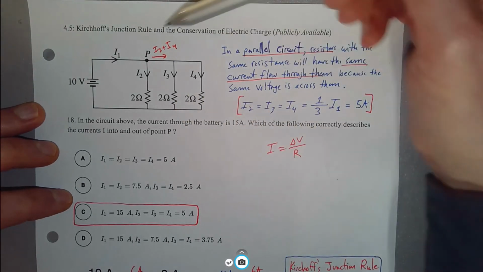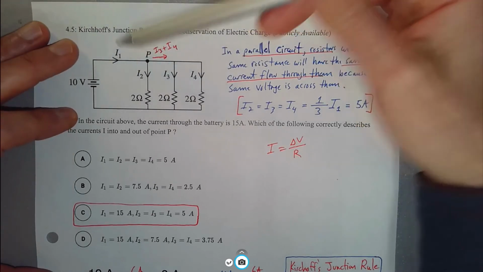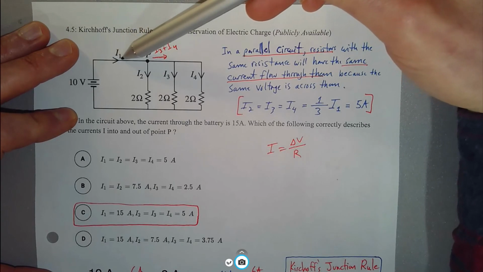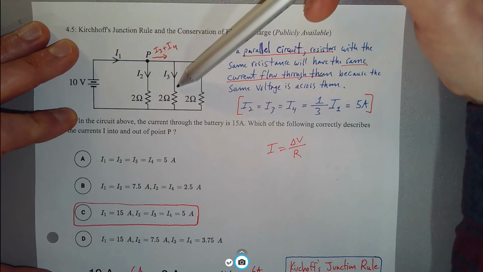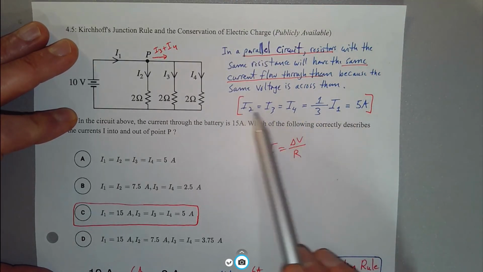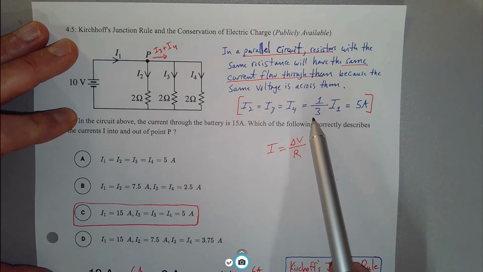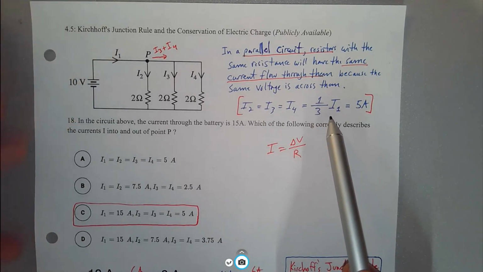And all of that current, I2, I3, and I4, has to come from I1, because I1 is what's providing the current into this junction, and then I2, I3, and I4 are all going out. That must mean all 3 of these currents are 1/3 the size of the total current coming in, which is I1 right here.